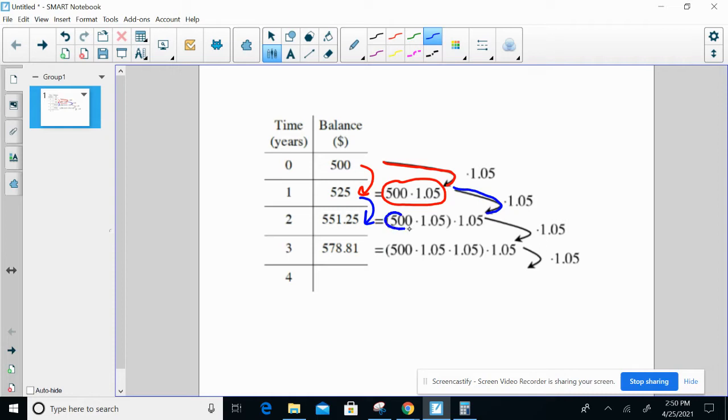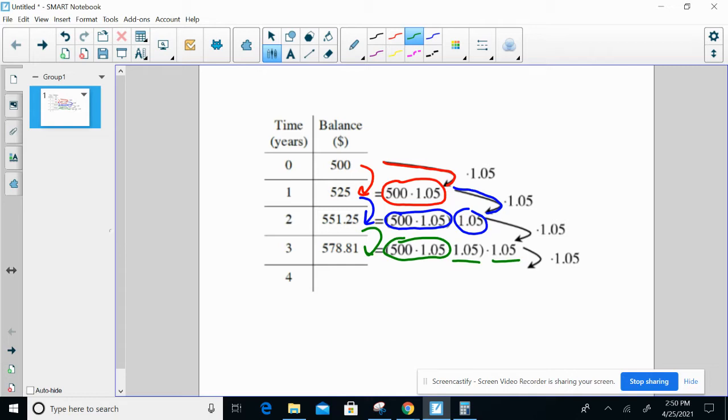But what it shows is, here's our original 500 times 1.05 times another 1.05. So from the original, we took it times 1.05, then times another 1.05. That's how we got to here, looking green. There's your original. Here's the second 1.05, and here's the third 1.05.